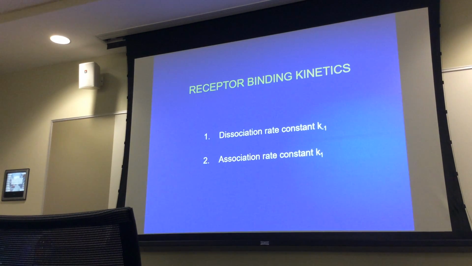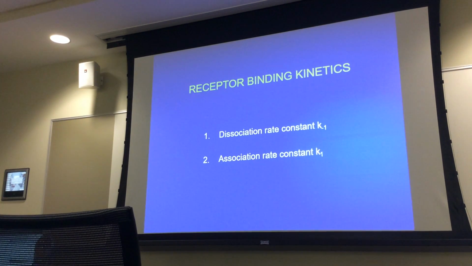All right, so last time we talked about radioligand binding, using radiolabeled drugs to identify receptors. And one of the key assumptions that we made was that we were in equilibrium.